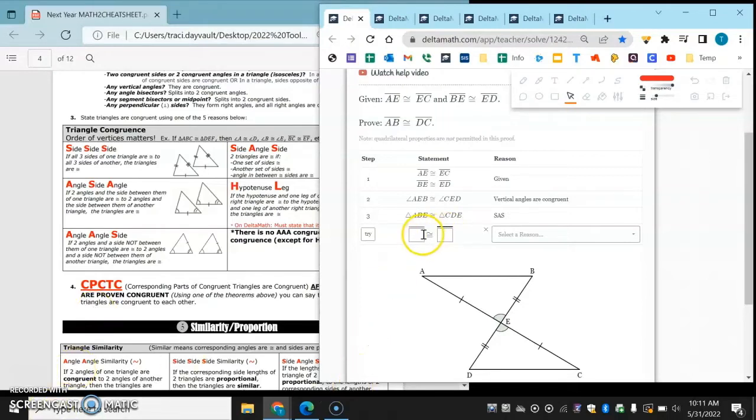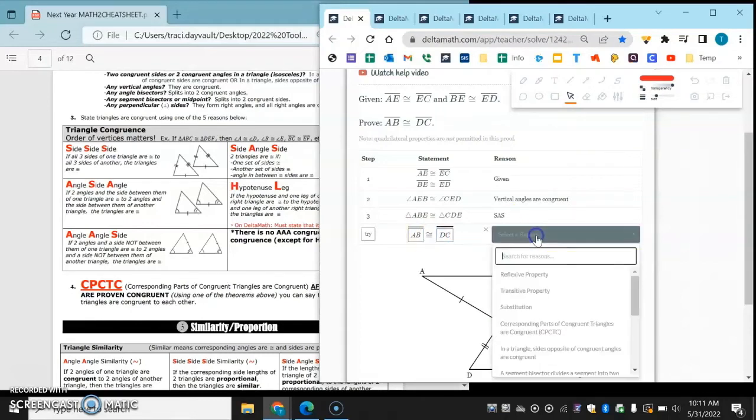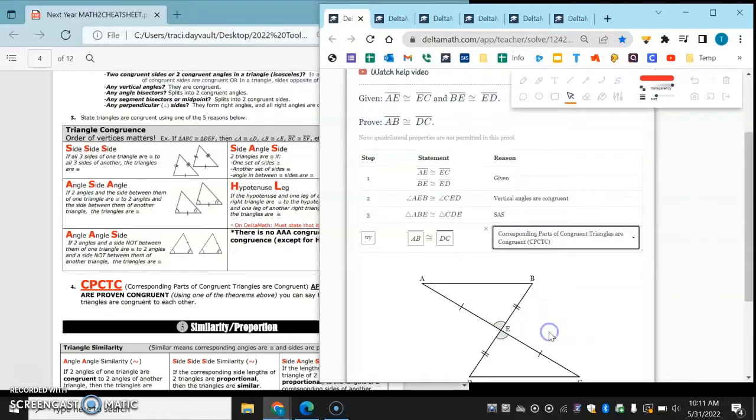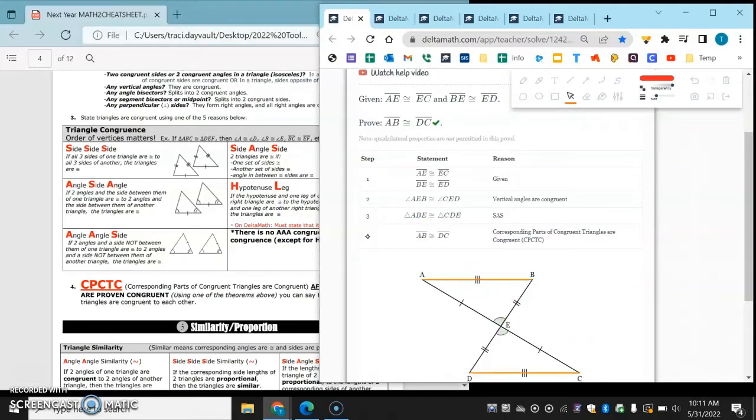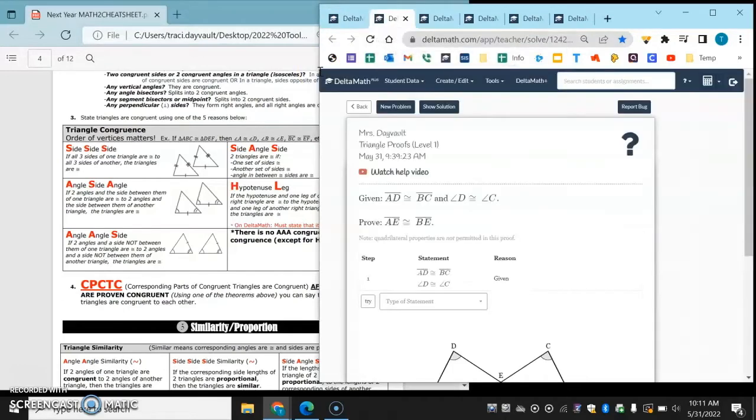AB and DC would have to be congruent to each other because they are parts of congruent triangles, 2 triangles that we just proved are congruent. Since we just proved these 2 triangles are congruent, then these 2 parts of those are congruent. So really, a lot of these, we're just adding on this step after proving the 2 triangles are congruent of saying corresponding parts of them are congruent.